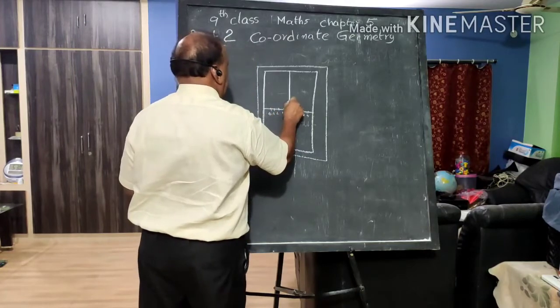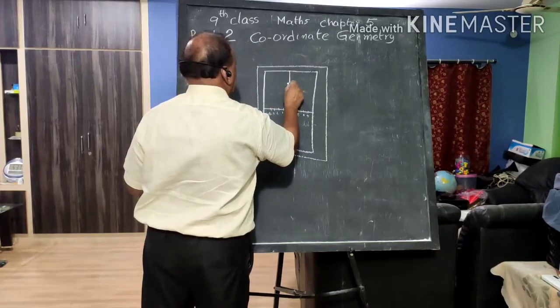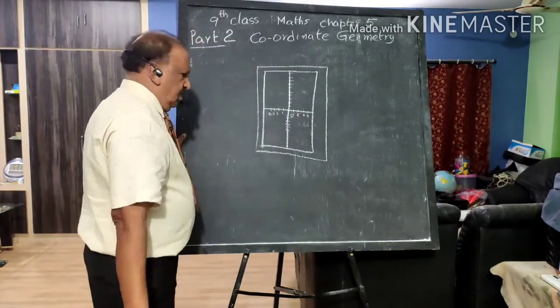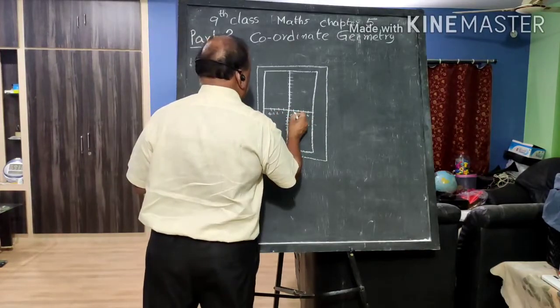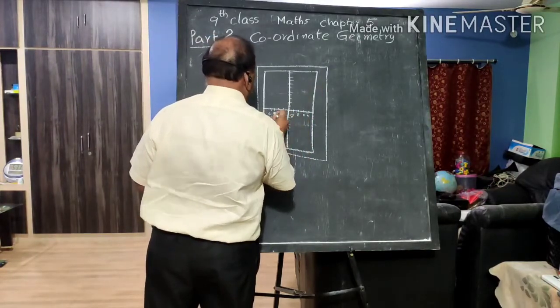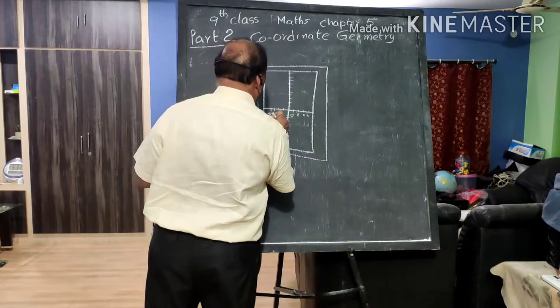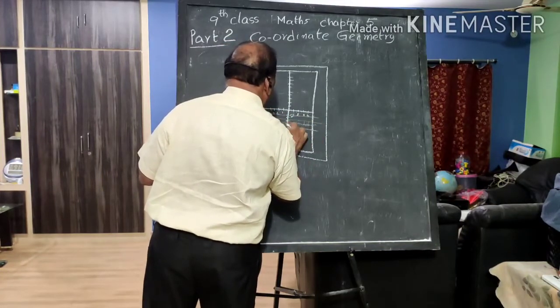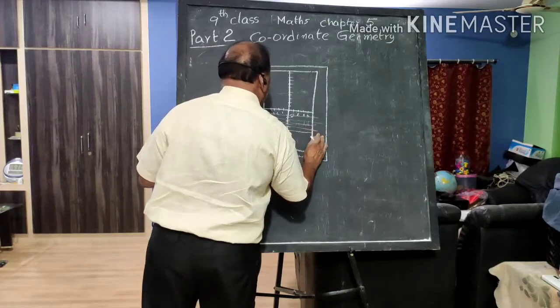Okay, similarly here 1, 2, 3, 4, 5, 6, 7, 8, 9, 10. 1, 2, 3, 4, 5, 6. With a scale, mark this point, and then using a set square and all that, you can draw a line like this, line like this, line like this, line like this. Okay, all right, got it?